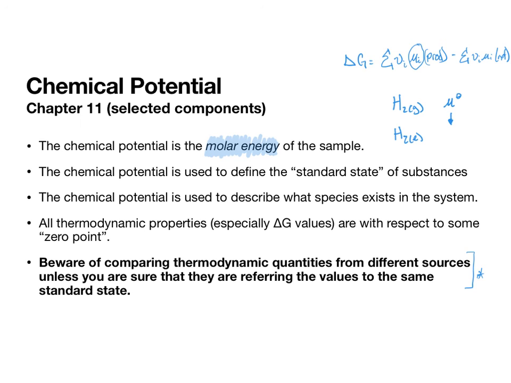Okay, so the bottom line is Gibbs free energy uses Hess's law. Gibbs free energy is also the thermodynamic property that is really going to start looking at how many moles of what species we have in the reaction at a given time.